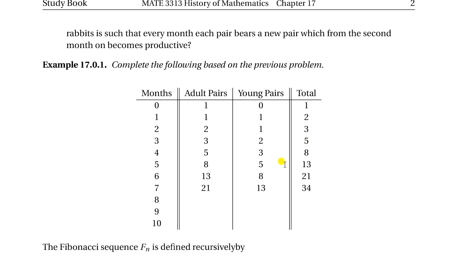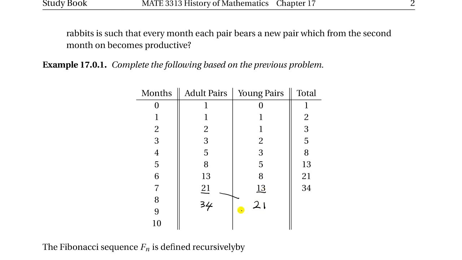So you can see how it's going to work, right? For example, in the 8th month, we are going to have 21 plus 13 adult pairs of rabbits, so altogether we have 34. But at the same time, we'll have 21 pairs of babies.